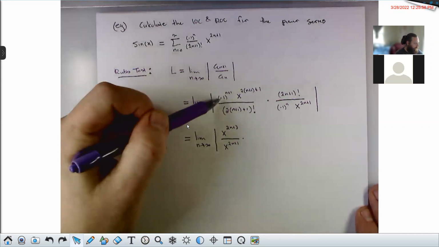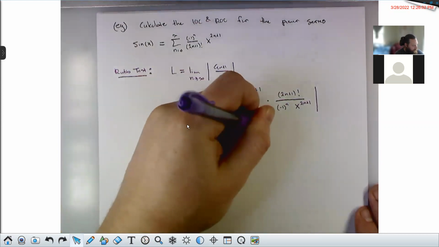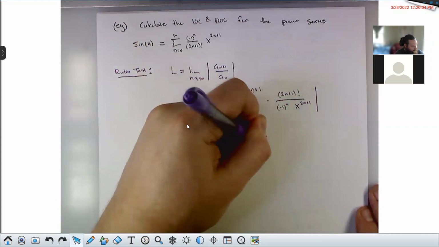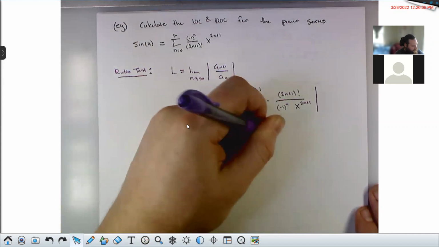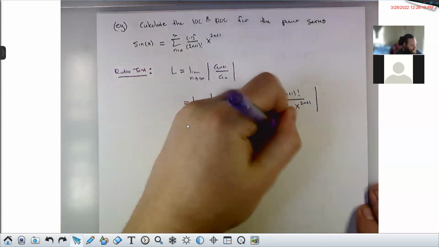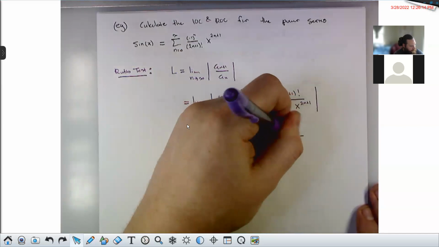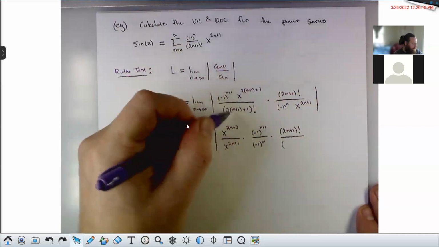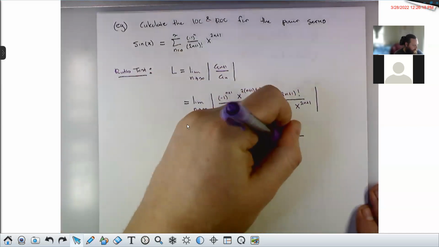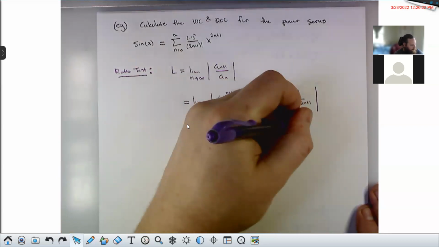Let's do the negative ones next. Negative 1 to the n plus 1 over negative 1 to the n. And then the factorials. (2n plus 1) factorial divided by, this is again 2n plus 2 plus 1, (2n plus 3) factorial.